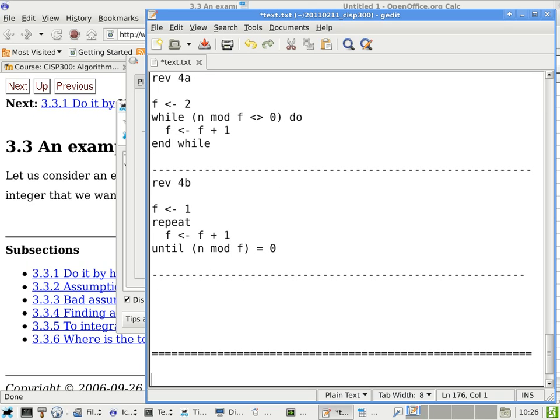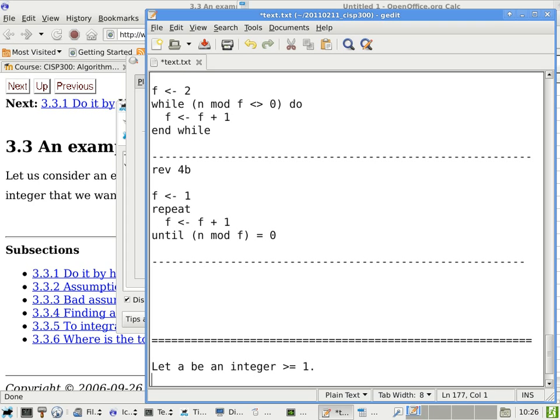So the whole premise behind this optimization is something that looks like this. Let a be an integer greater than or equal to 1. So pick any a as an integer that is greater than or equal to 1. Let b be an integer greater than or equal to 1.